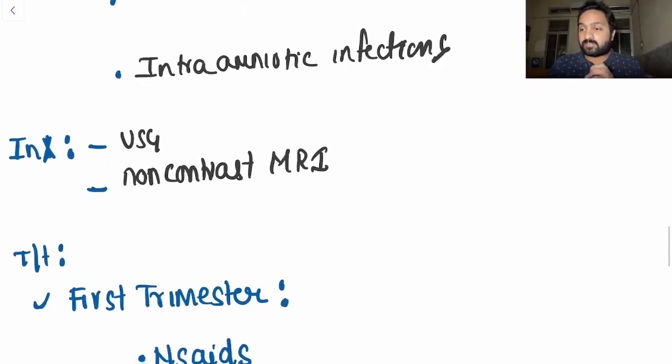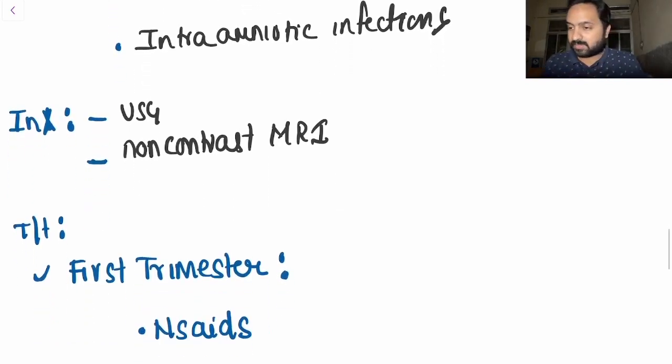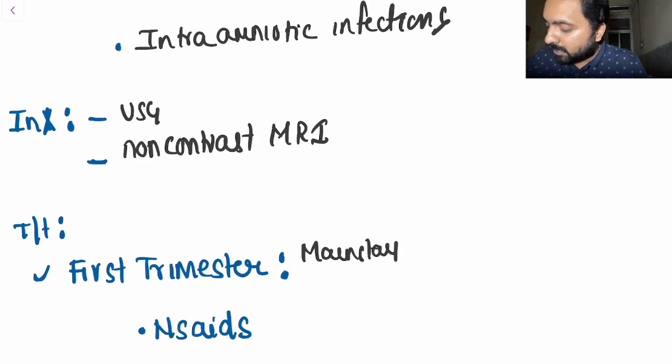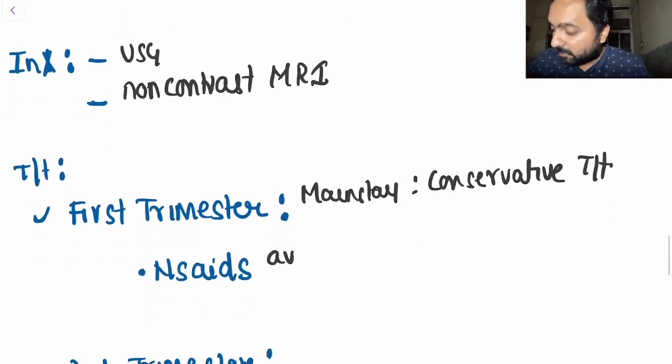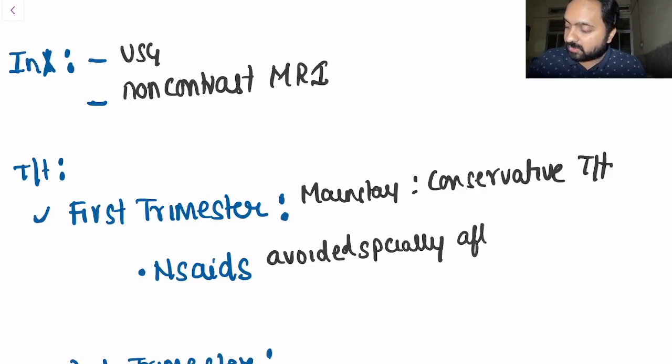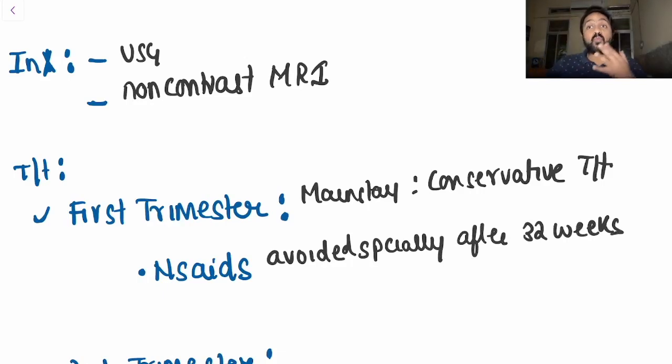In the first trimester, the mainstay for mild cases is conservative treatment. NSAIDs are usually effective, but they are avoided, especially after 32 weeks. Why?